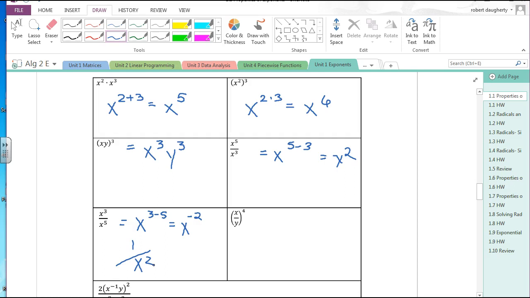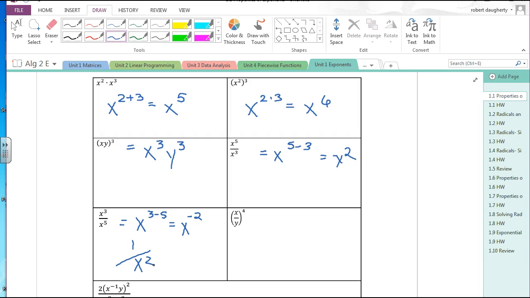Now, what this brings into play, there are many different ways of looking at this. If I've got x to the 5th over x cubed, that's x to the 5 minus 3 or x squared. Another way of looking at x cubed over x to the 5th, you can write this as 1 over x to the 5 minus 3.